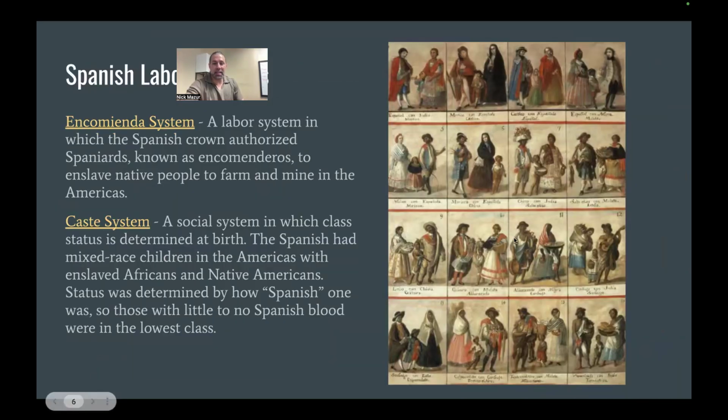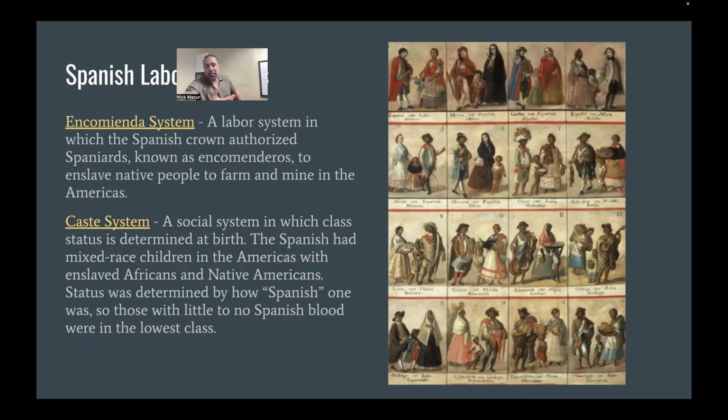The reason why you have these images like this is because this was meant to help people determine who you are, how much Spanish blood you have, what role you play in society, what laws and opportunities you have to follow, what you are able to do. And so when you begin to associate your performative behavior with a physical characteristic, and this is just through practice, then eventually it becomes solidified by law.